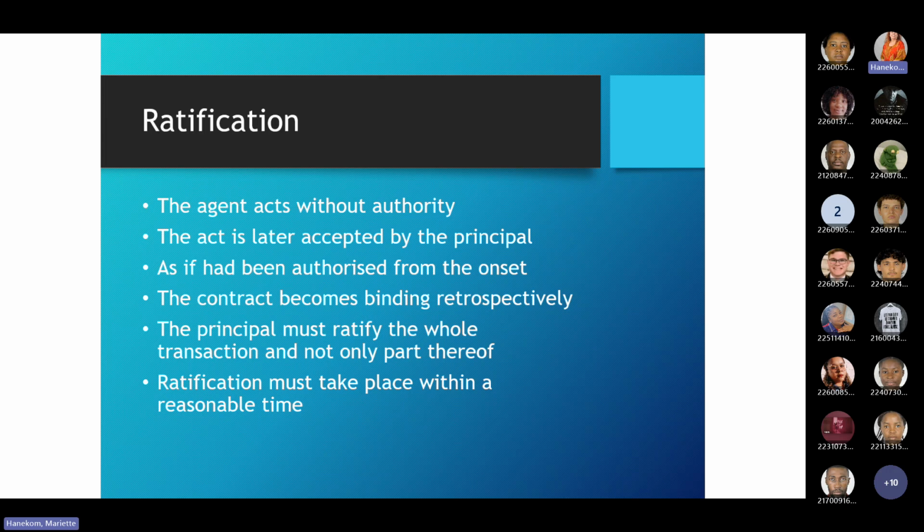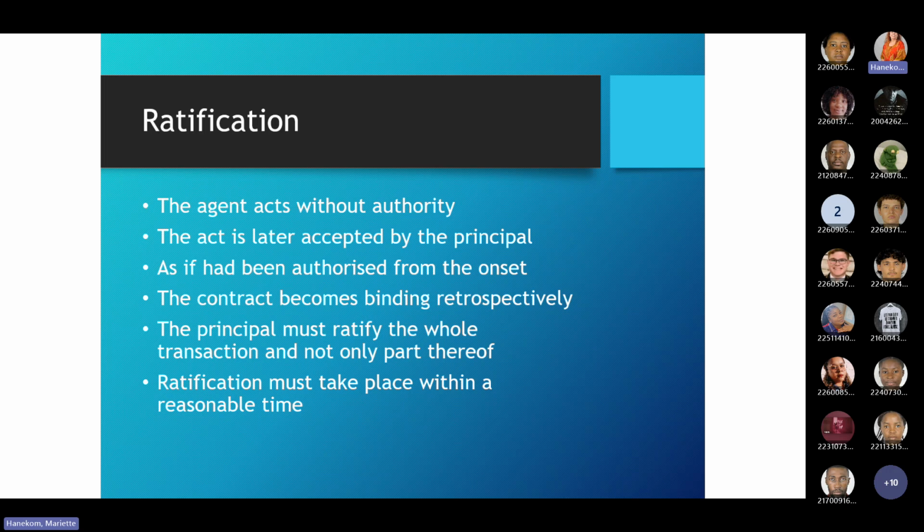Ratification would be the instance where Roland does not have authority. He's never represented me. I don't send him. He goes and buys a burger and a Coke and tells the shopkeeper, Miss Hanekom will come and pay tomorrow. The shopkeeper gives him the hamburger and the Coke, believes him. He brings me the hamburger and the Coke.